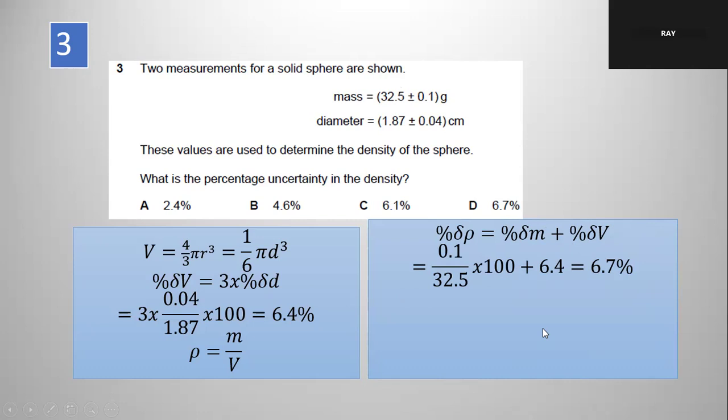That's 6.7, D. In fact, you can roughly guess already. This is already 6.4, and the mass one is likely to be very small, so you don't need to calculate it anymore. Answer is D.